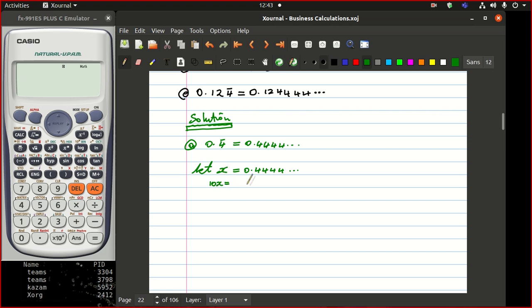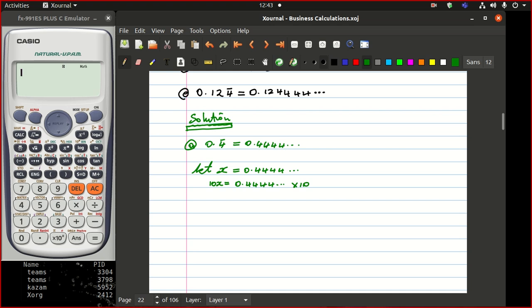So multiplying this x by 10, you are multiplying 0.444 and then some dots, by 10. What does that actually mean? It means that you are moving this decimal point by how many units or how many times. I have only one 0 here.